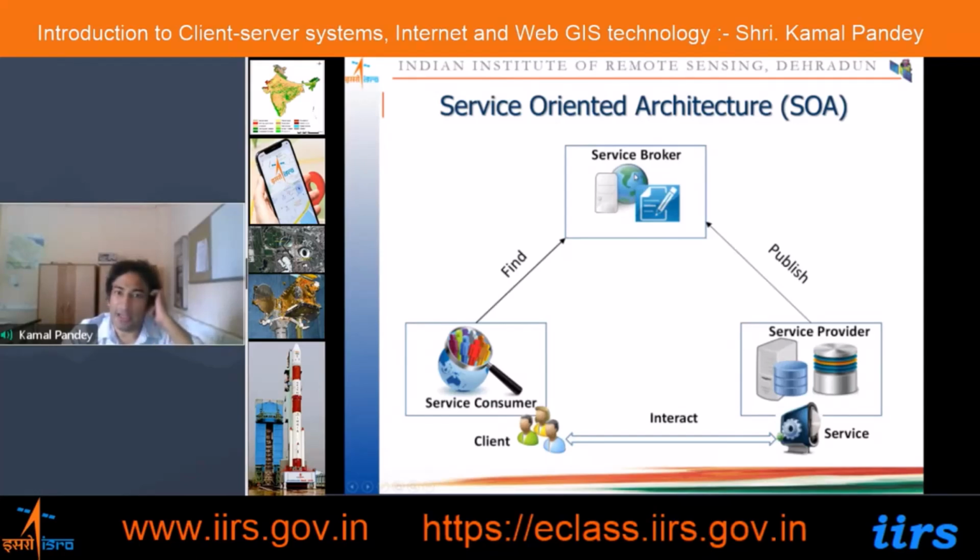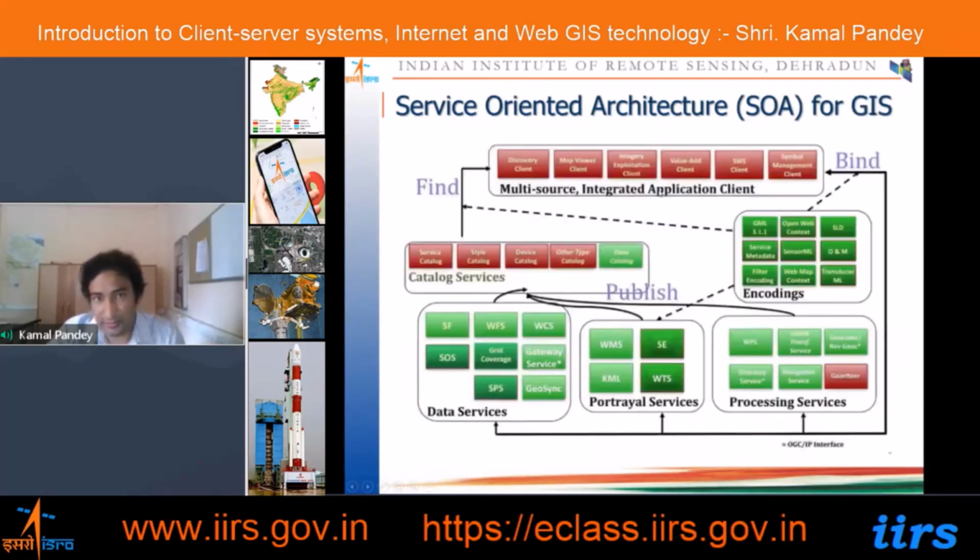So sometimes we have separate service brokers as well. Once the dataset is available to them, the service provider directly gives the data to the consumers. So this is a very important concept of service. We will be talking more on this concept later on.